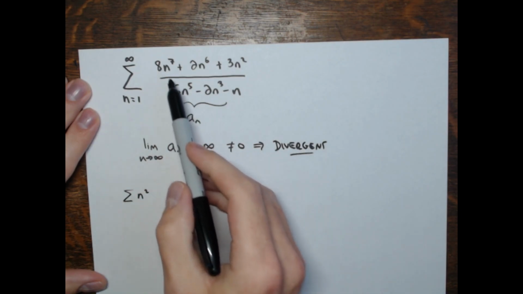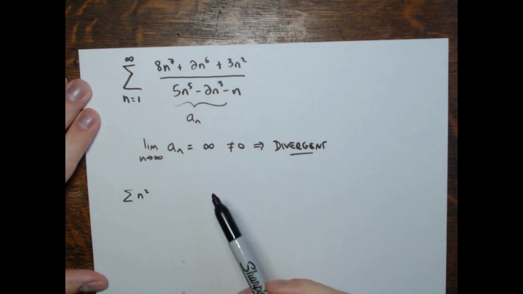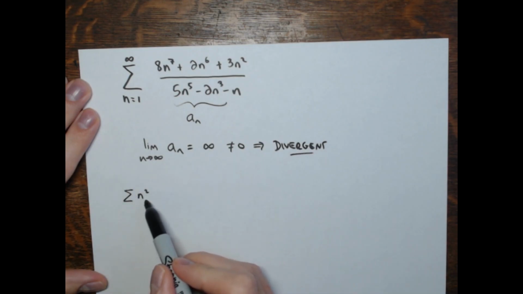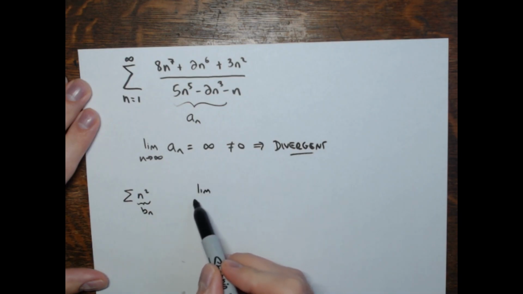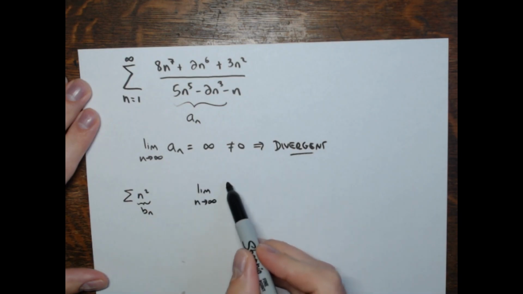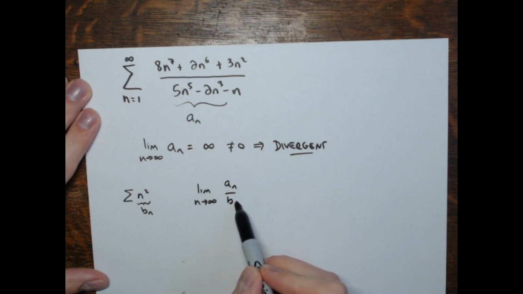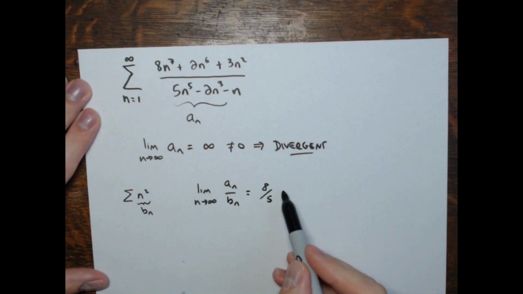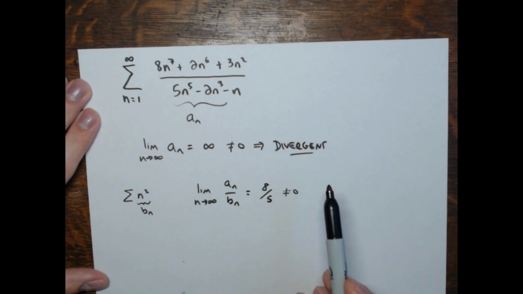Because again, these look like 8/5 n squared, so you get larger and larger. So if I compare to this, have this be b sub n, and the limit as n approaches infinity of a sub n over b sub n, I hope you can see, would be 8/5, which is not 0, and it's finite.